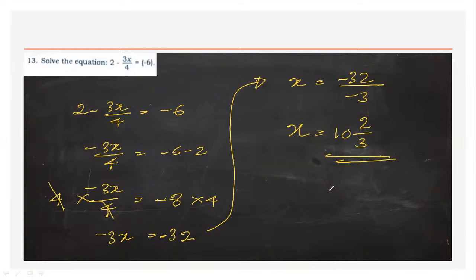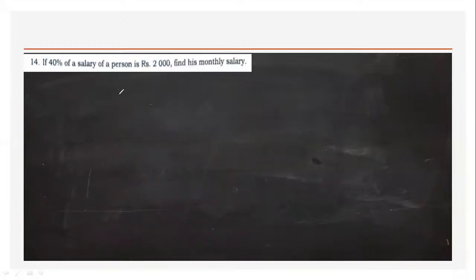Question number 14. If 40% of the salary of a person is 2,000 rupees, find his monthly salary. So, 40% of the salary is 2,000.